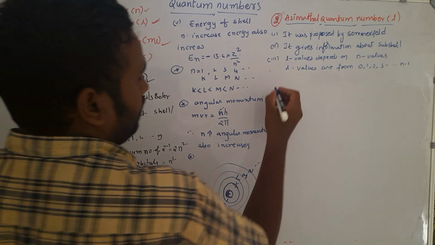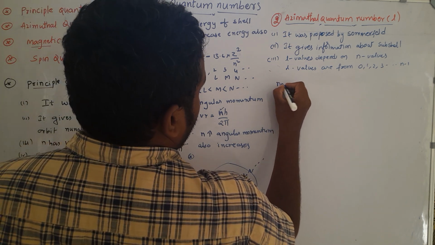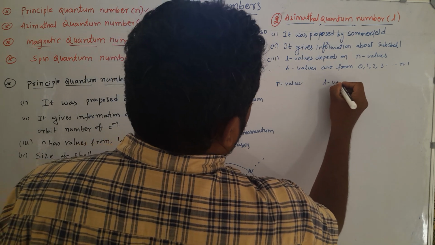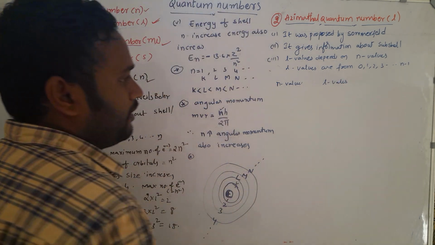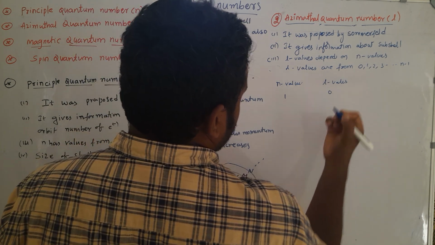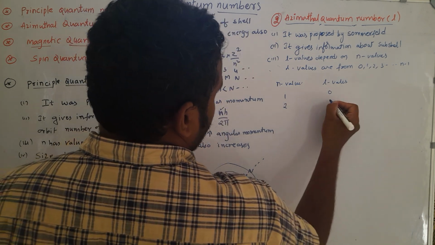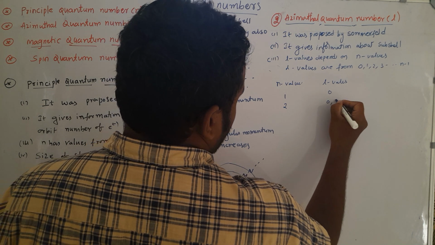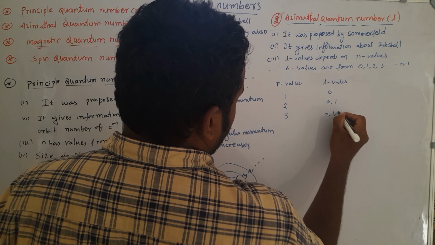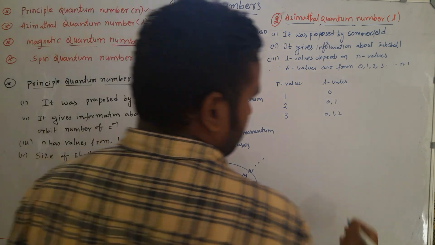For example, n value and L values: if n is equal to 1, L value is 0 only. If n equal to 2, L values are 0 and 1. If n equal to 3, L values are 0, 1, 2. Likewise.